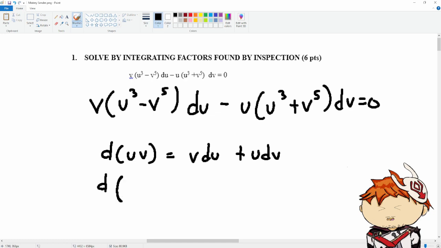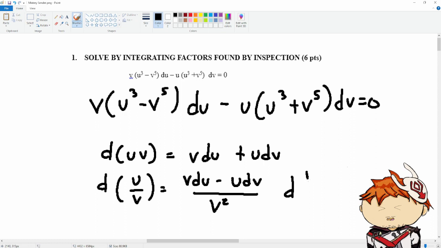If we do the fraction, d(U over V) is VDU minus UDV over V squared. And d(V over U) is UDV minus VDU over U squared. Okay, so that's what we're looking at.